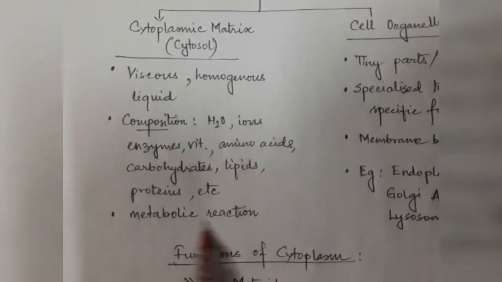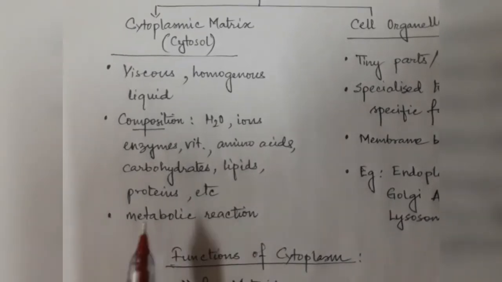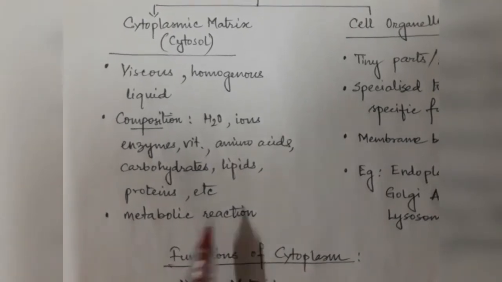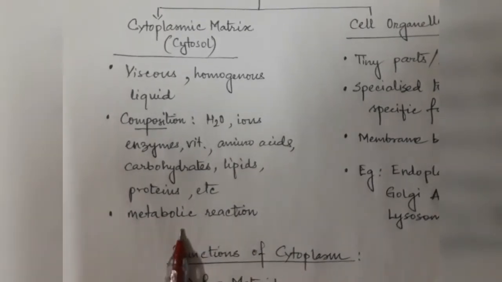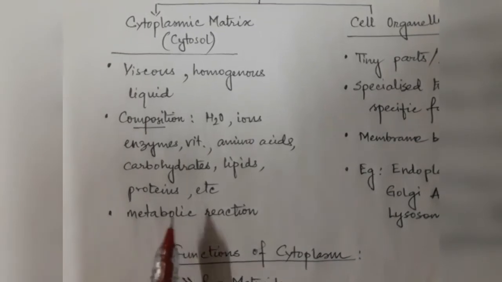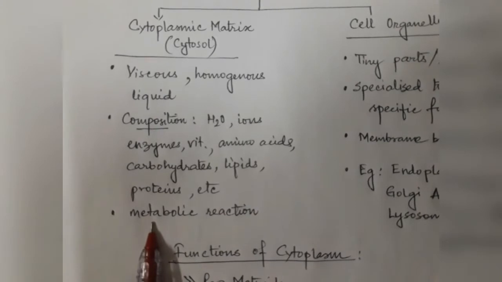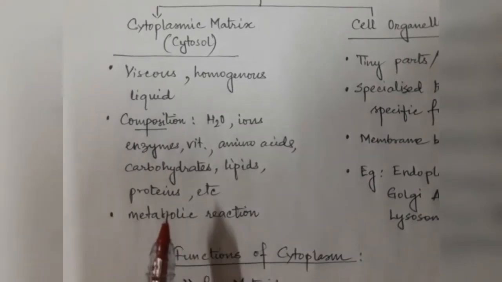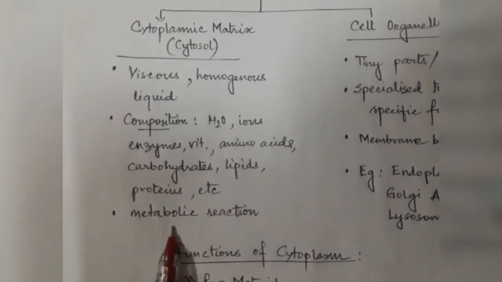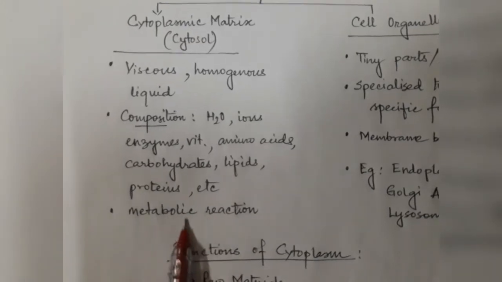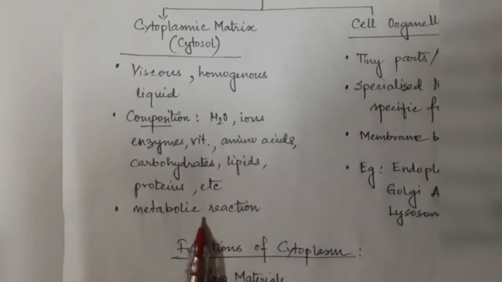So what is metabolic reaction? Metabolic reaction or metabolism is actually categorized as anabolism and catabolism. Anabolism, where materials are synthesized. Catabolism is where materials are broken down.